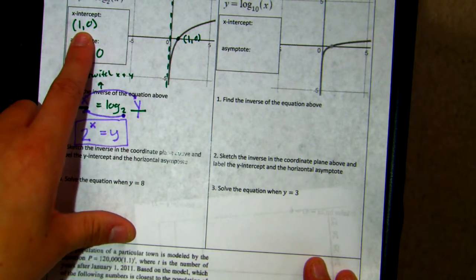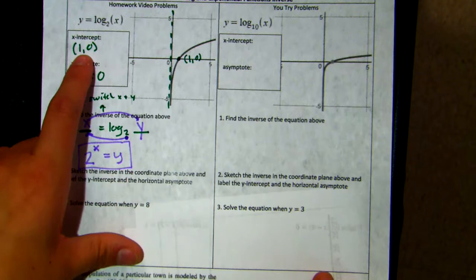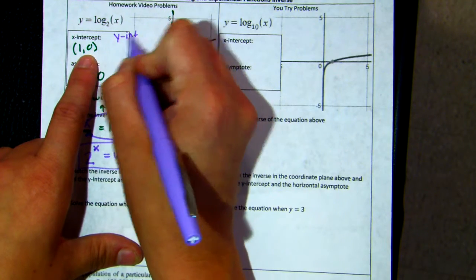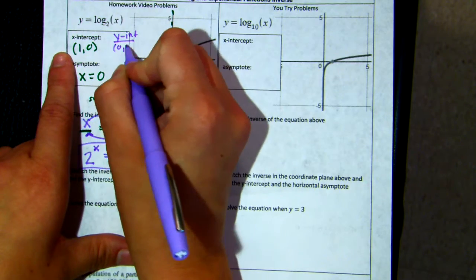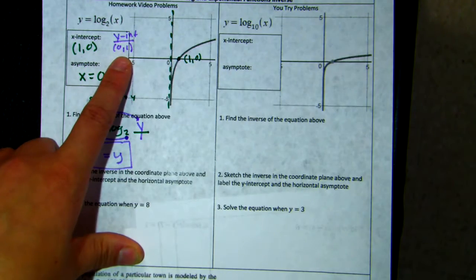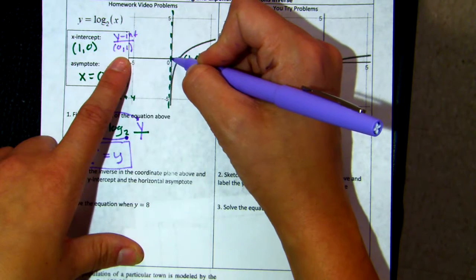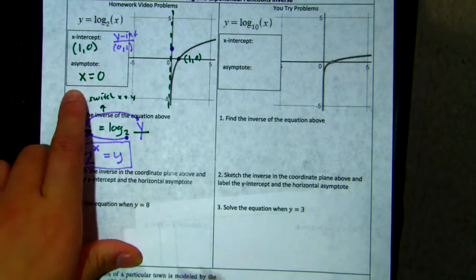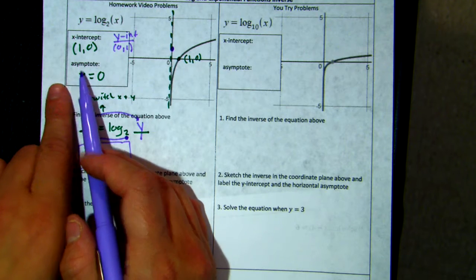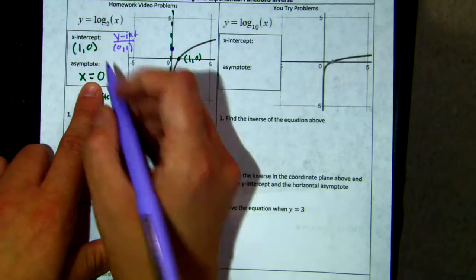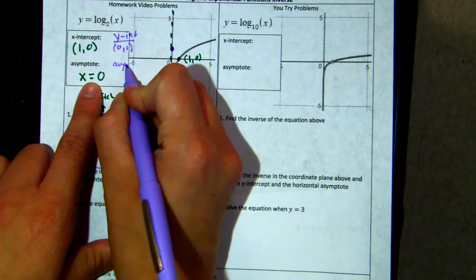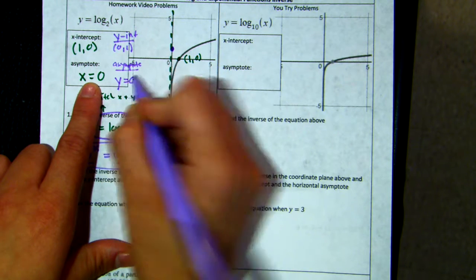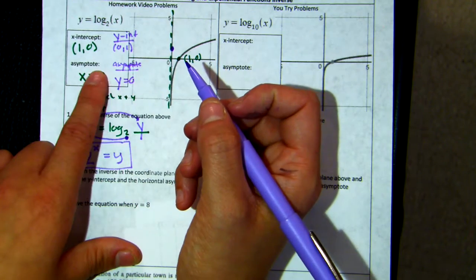If the x-intercept of my original function is 1, 0, the y-intercept of my inverse is going to be at 0, 1 because the x and y values switch. So I'm going to plot that at 0, 1. And if my asymptote for my function is x is equal to 0, for my inverse function, my asymptote will be at y is equal to 0, because those x and y values switch.